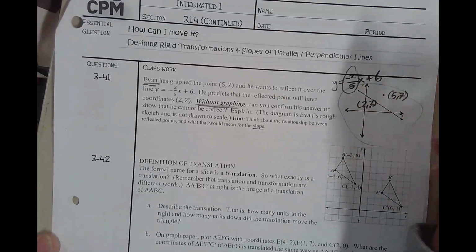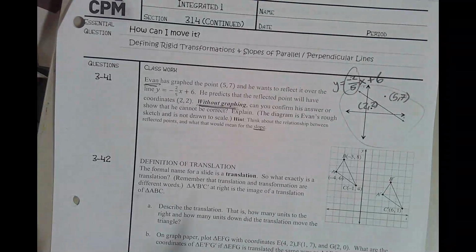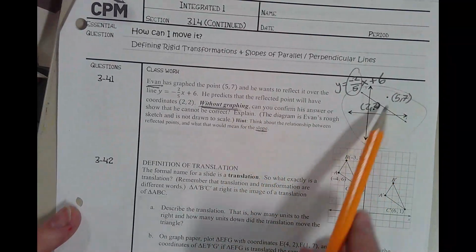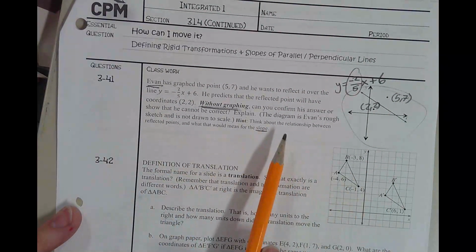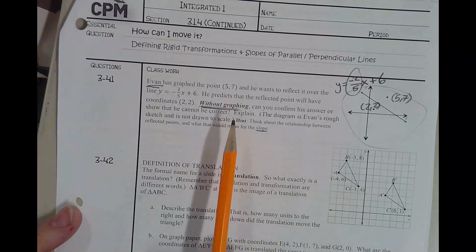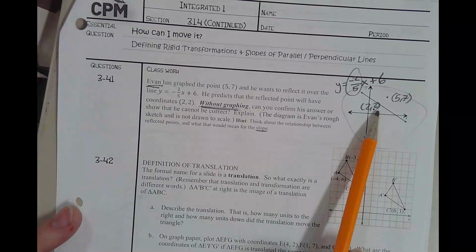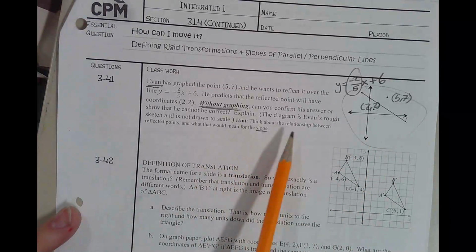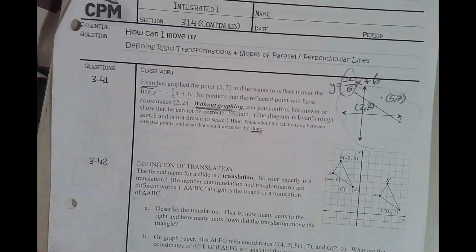It's a really, really rough sketch, but do you think it's reflected properly? Think about it, discuss it, think about slope, and let's see if we can come up with the answer before we explain it.